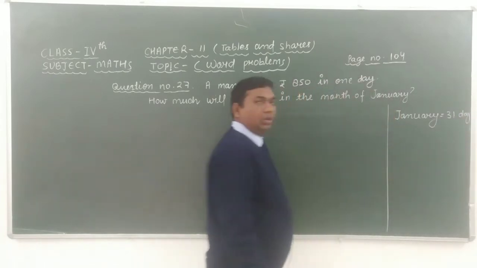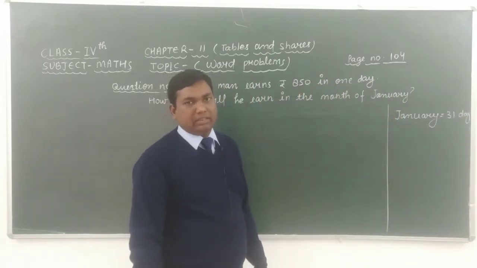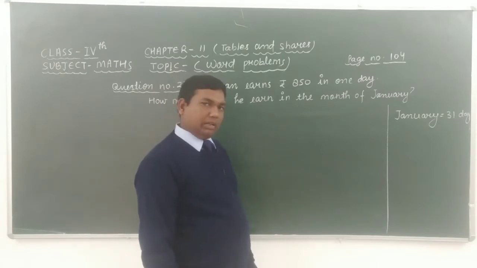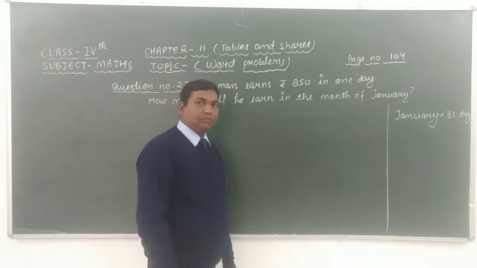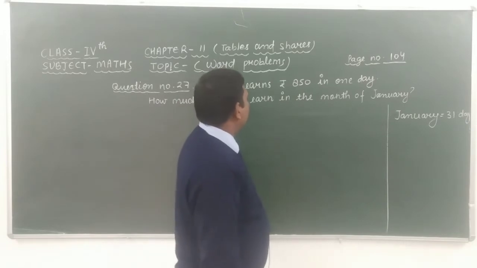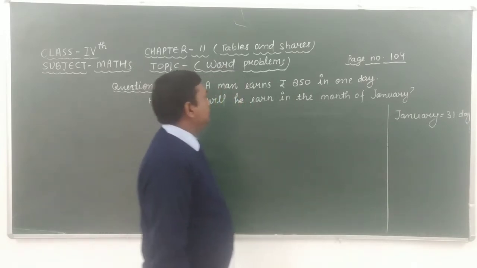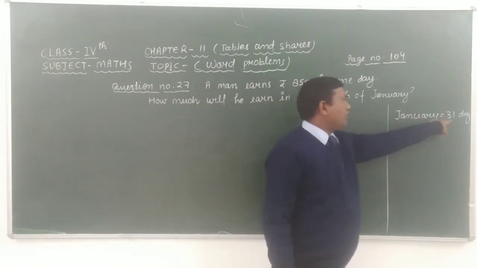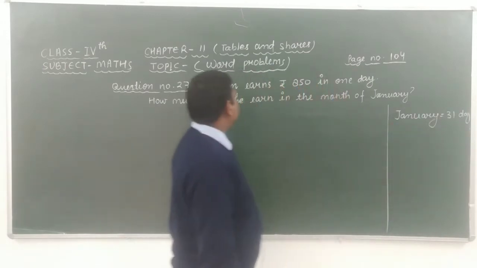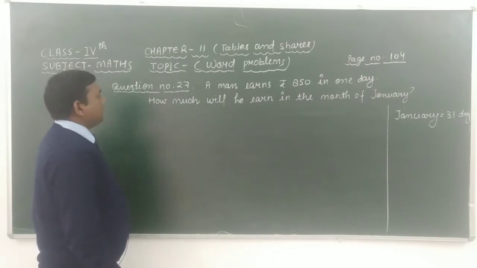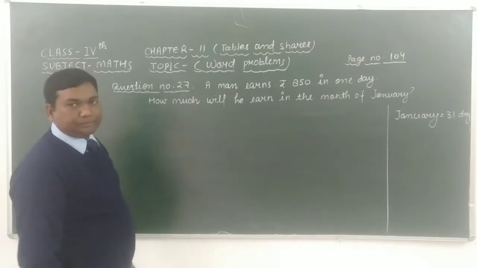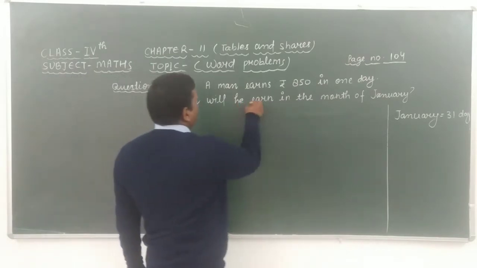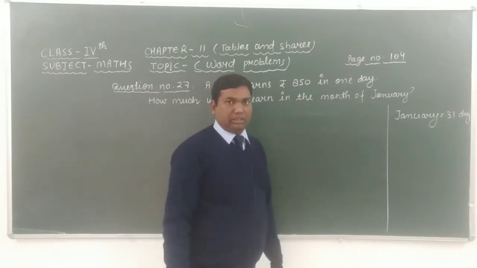So the total number of days in January is equal to 31 days. If we take the multiplication of 850 by 31, then we get the total money he will earn in the month of January.